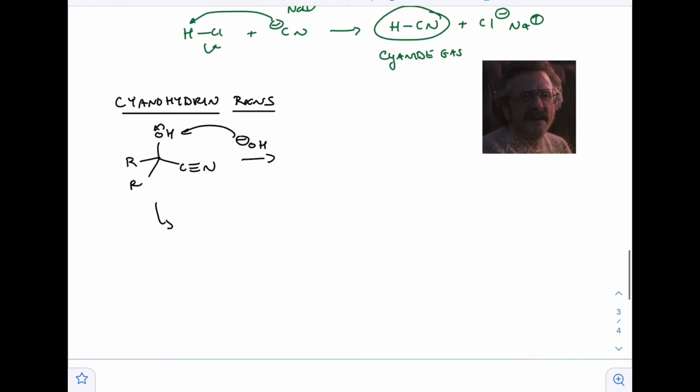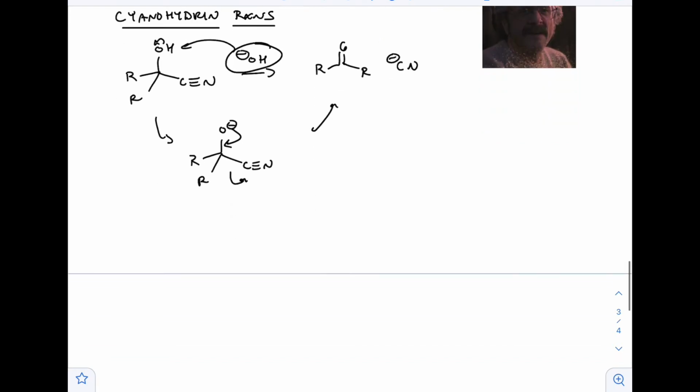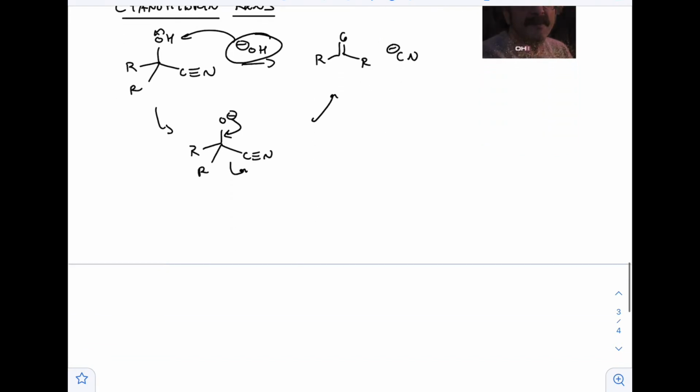So, the cyanohydrin in the presence of a base, deprotonation, form the alkoxide, and then if you have a significant amount of base present, then you can drive that reaction to the right to form the cyanide as well as your carbonyl compound. So we're essentially doing the reverse reaction, right? Okay, so again, that's in the presence of base, right?